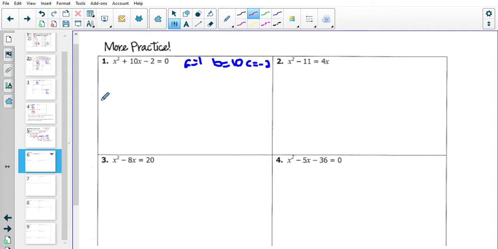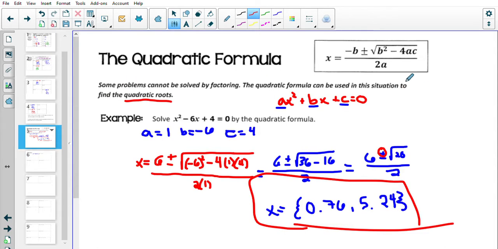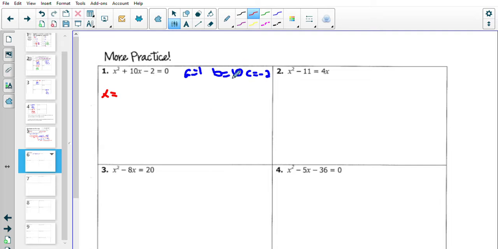So I have x equals -b is the first thing, so the opposite of 10 is -10, plus or minus the square root of b squared, that's 10 squared, minus 4 times a, which is 1, times c, which is -2, all divided by 2 times a, or 2 times 1.